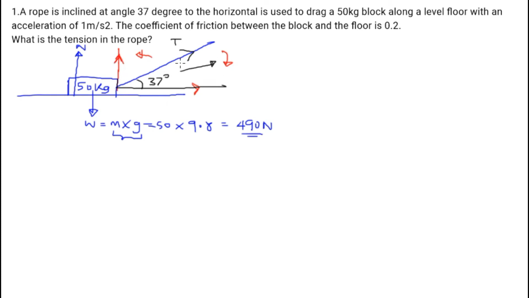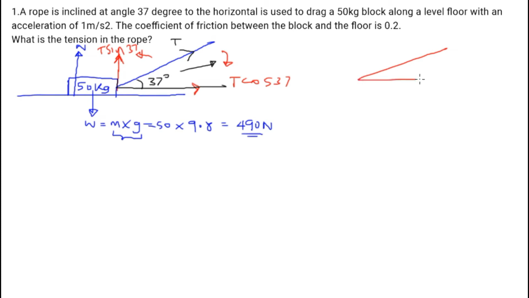If I resolve the tension into its horizontal axis, it's a triangle, and it will become T cos theta, that's T cos 37 degrees, because there's an angle right here, and on the vertical axis we'll have T sin 37 degrees. So how do I do this?